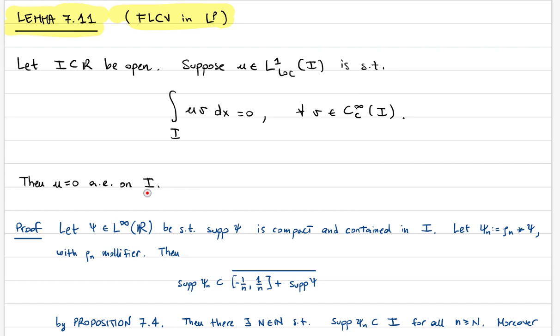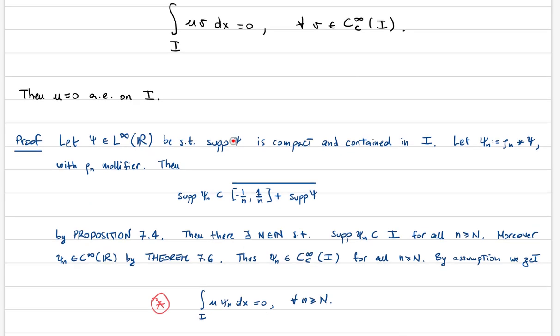In this case we can just conclude that U is in the same equivalence class of the 0 function, so U is 0 almost everywhere. But this will be enough for our analysis. I mean, in the sense you cannot expect more. This is actually all you can prove. You can just prove that if this holds, then U is equal to 0 almost everywhere. Okay, let's look at the proof.